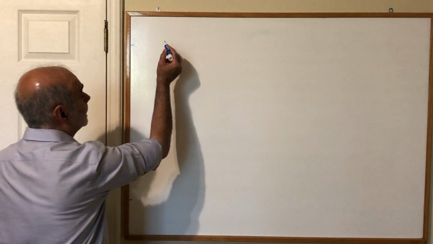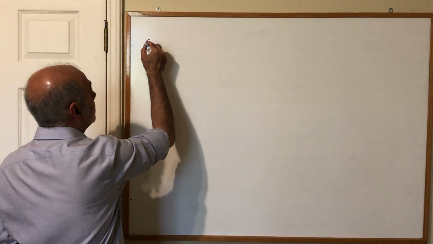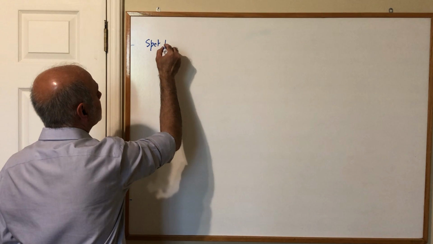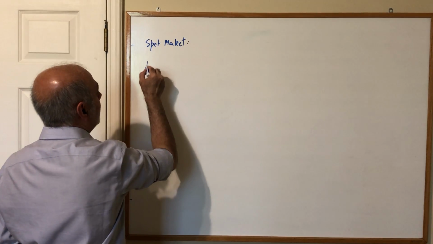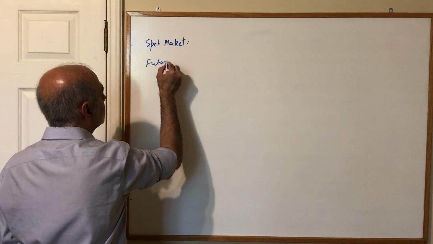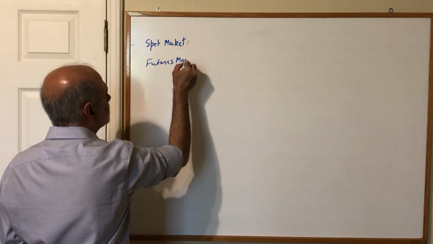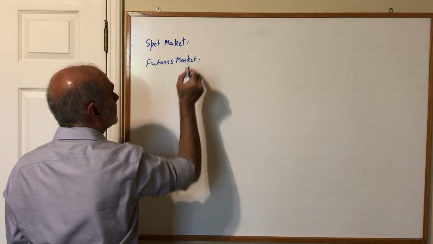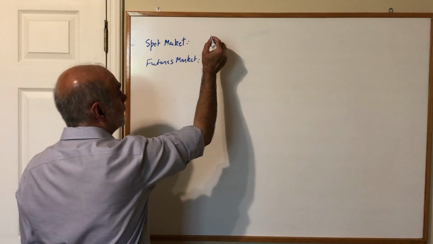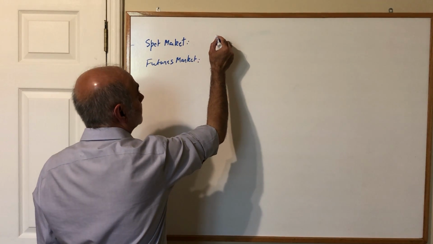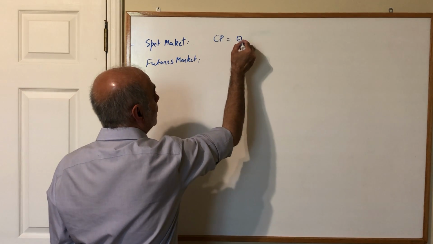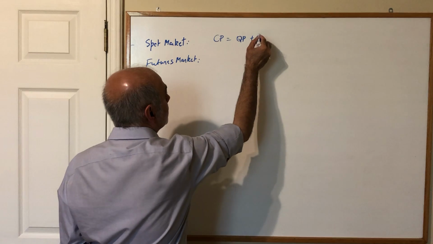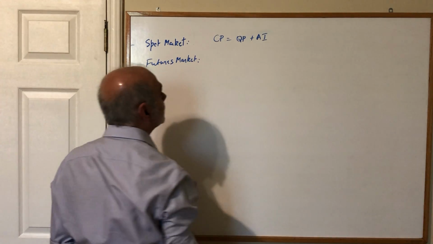This is what we set up. In the spot market, and in the futures market. In the spot market, we have the concept of cash price is equal to the quoted price plus accrued interest.